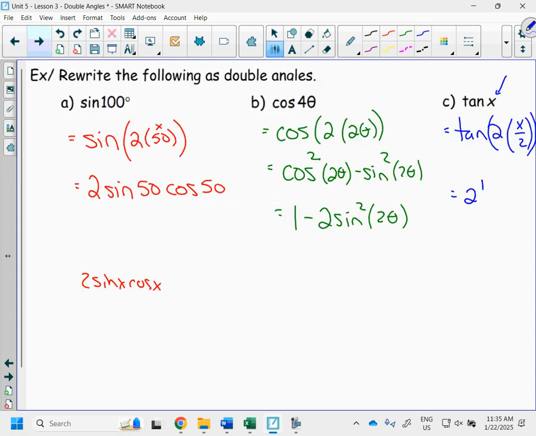So 2 times tan of our x is this angle, so x over 2, over 1 minus tan squared x over 2. Sometimes you'll see the brackets there, and sometimes you won't. They should have brackets there, we just don't always write them in. Those are different ways of writing expressions as double angles.